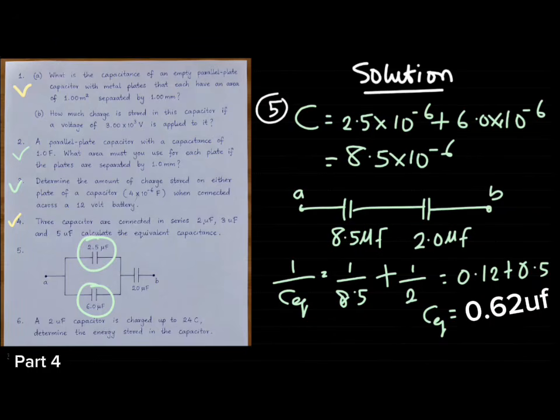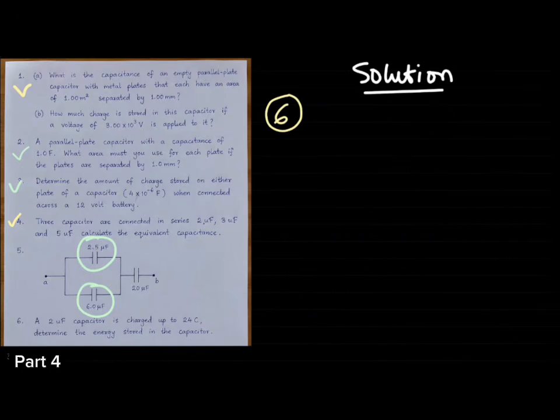So the last one, before I drop the questions for you guys to solve and drop in the comment section, is question number 6. Now, question number 6, we are asked to determine the energy stored. Looking at this, which equation are we using for energy stored?